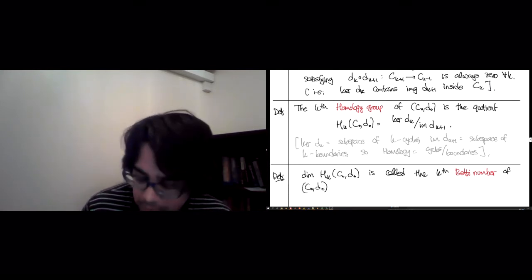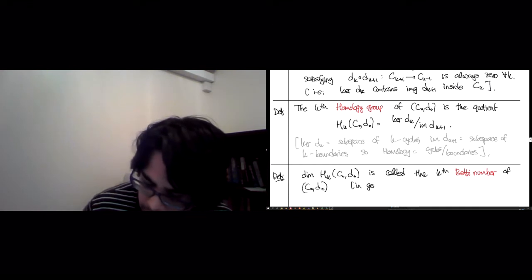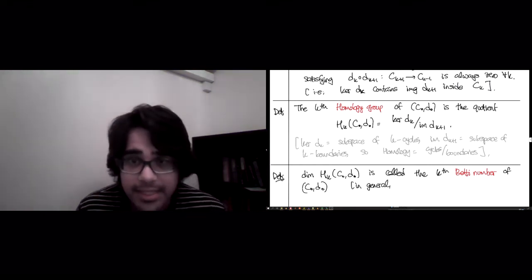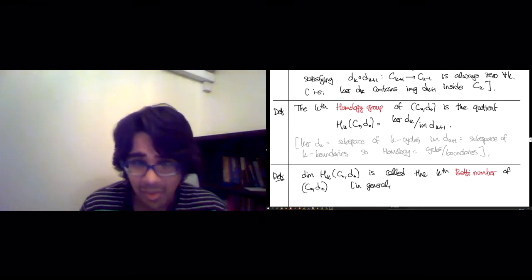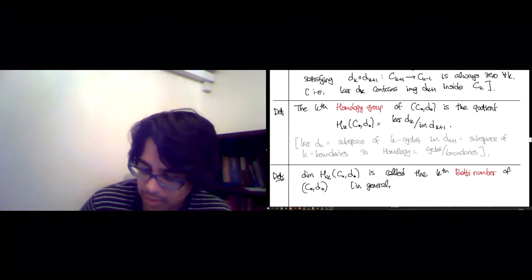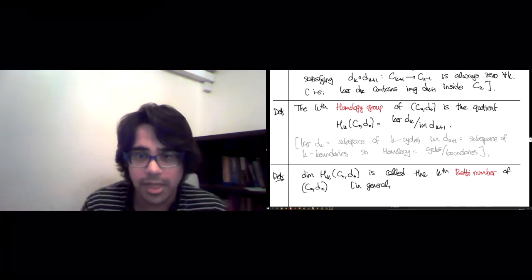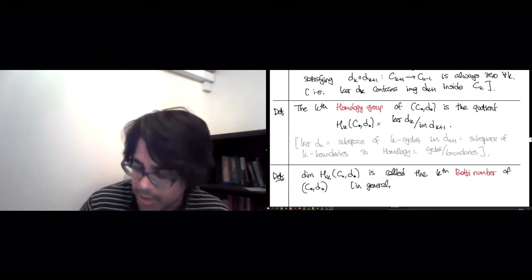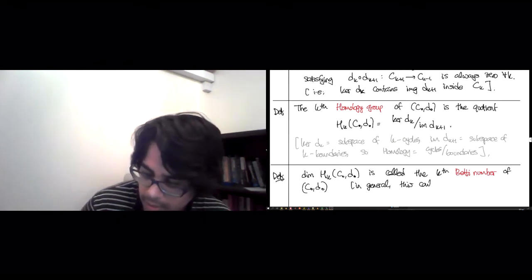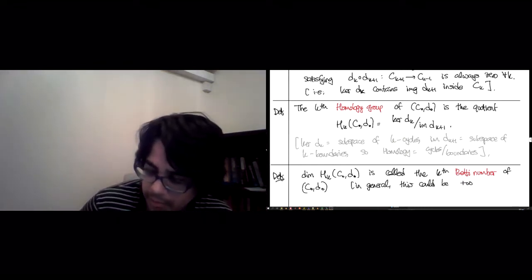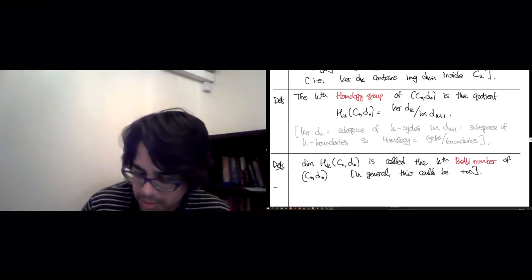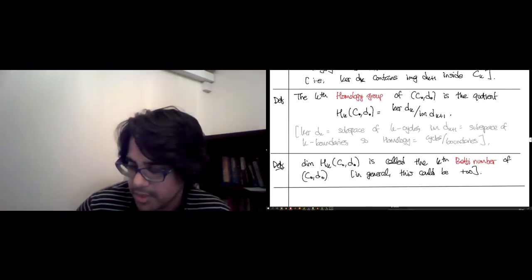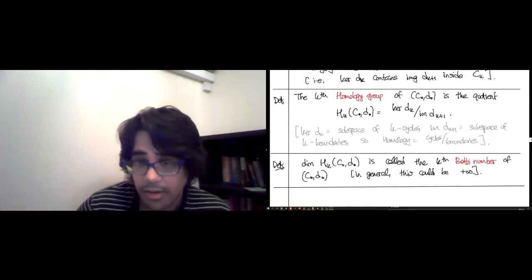Now note, in general, we haven't placed any bounds on the dimensions of the chain groups. So the way I've written it right now, in general, this quotient that defines homology could be infinite dimensional. So this could be infinity, for instance. But we are not going to be so interested in arbitrary sequences of vector spaces and maps that square to 0. Our interest is in the ones that come from simplicial complexes.